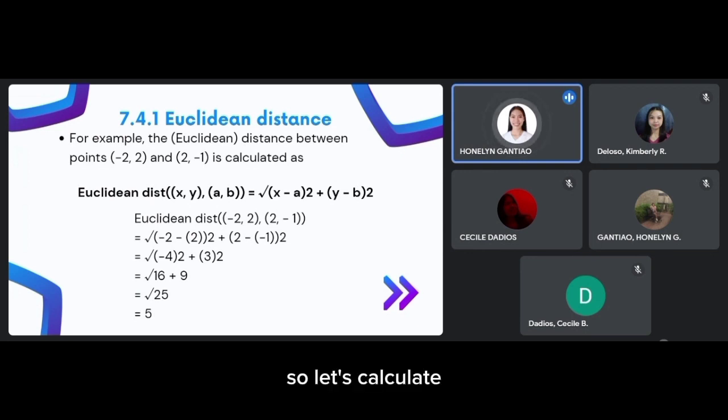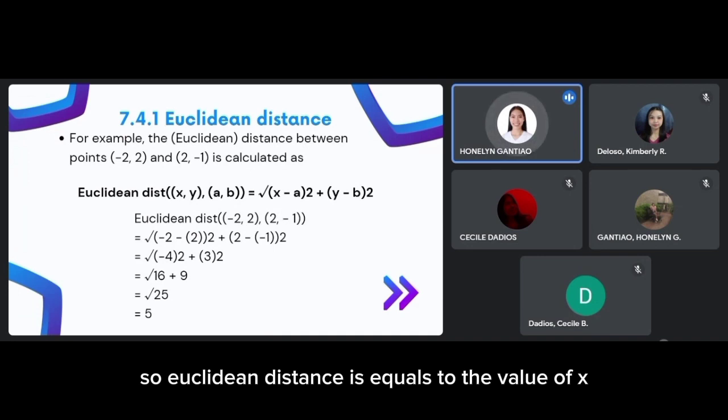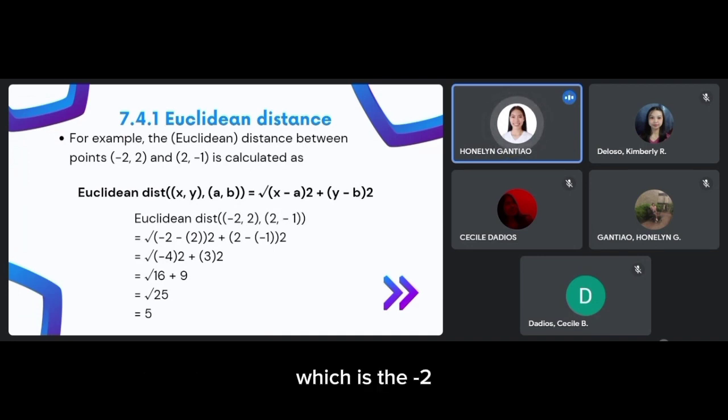So let's calculate their differences first. The Euclidean distance is equal to the square root of (x minus a) squared plus (y minus b) squared, where x is -2, y is 2, a is 2, and b is -1.